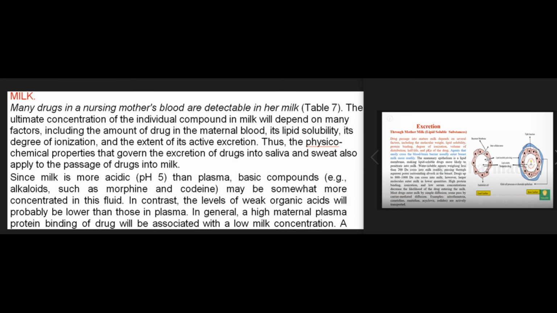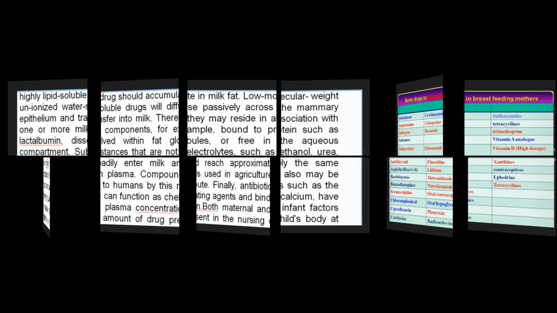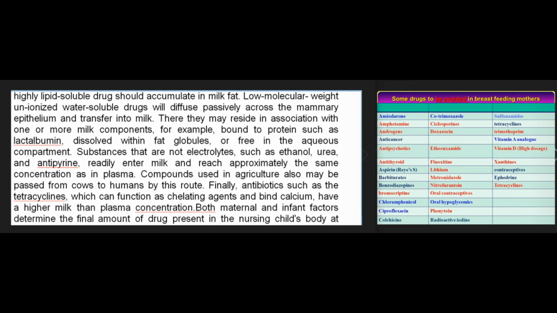In general, a high maternal plasma protein binding of drug will be associated with a low milk concentration. A highly lipid-soluble drug should accumulate in milk fat. Low molecular weight unionized water-soluble drugs will diffuse passively across the mammary epithelium and transfer into milk.